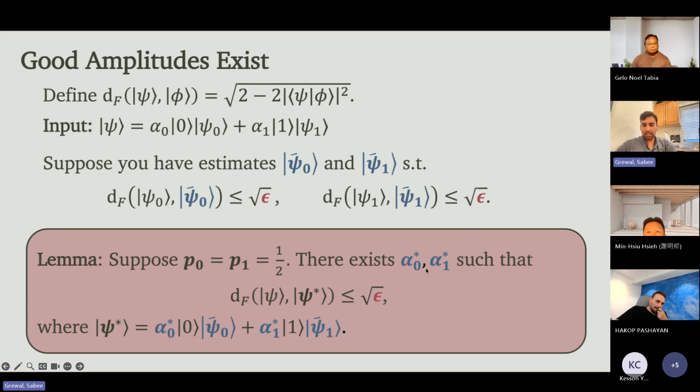Then our lemma is just saying that there are good amplitudes out there, such that if you glue your state together with them, the overall error is at most root epsilon. So we don't have this horrible issue where errors compound in some nasty way. You can successfully do this type of gluing together.